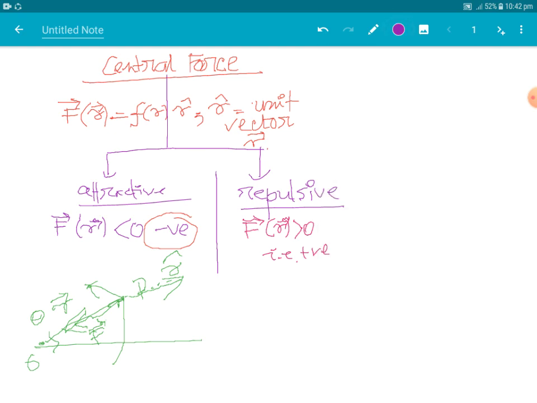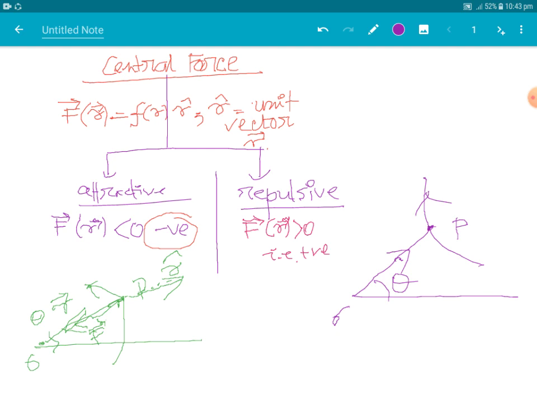Similarly, if we look at this figure, with a particle here, the same treatment is followed. The angle made is theta, and this is the center origin O. In this case also, the force is directed along some line, which is a line of force, and is directed towards or away from a particular point.